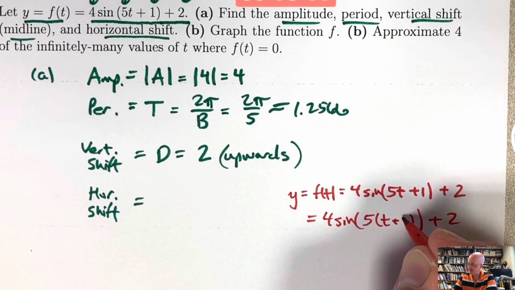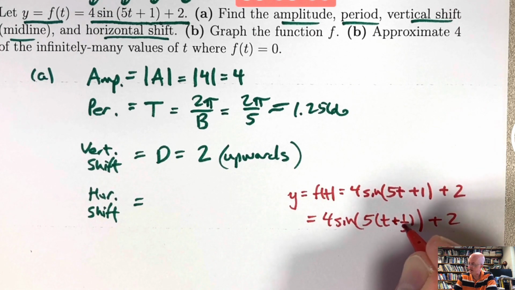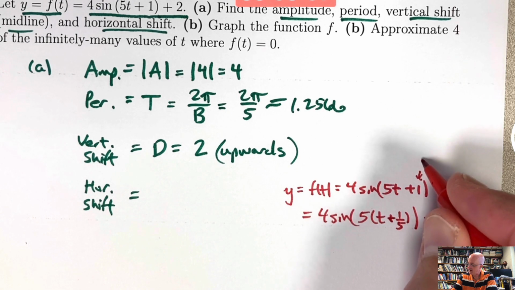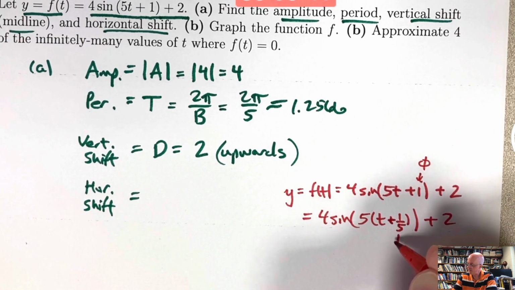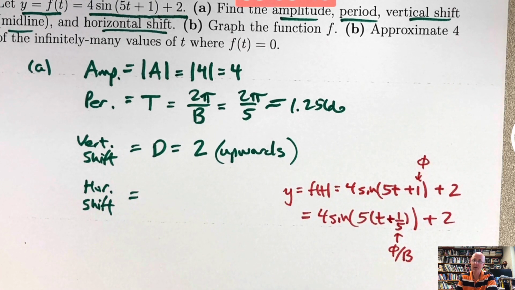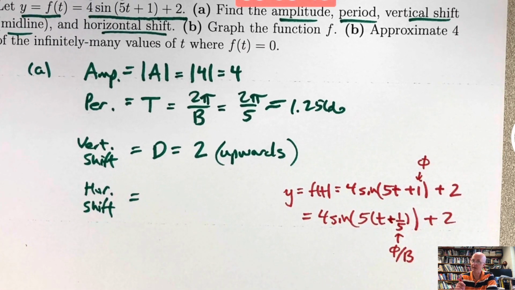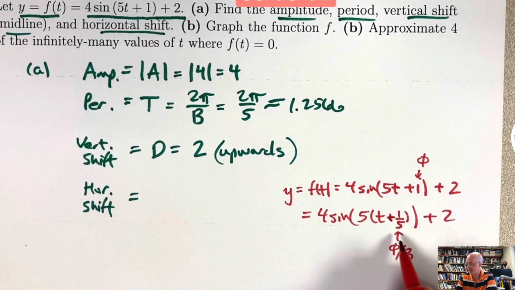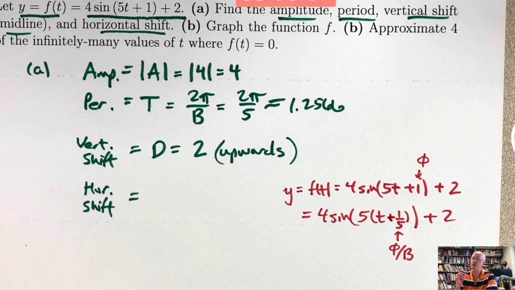This is going to be a plus 1/5 there. Okay, so the phi is 1, but this 1/5 really ends up being phi over b, and that is the horizontal translation. But careful, another tricky part is that when it's a plus a positive number, it's a horizontal translation to the left.